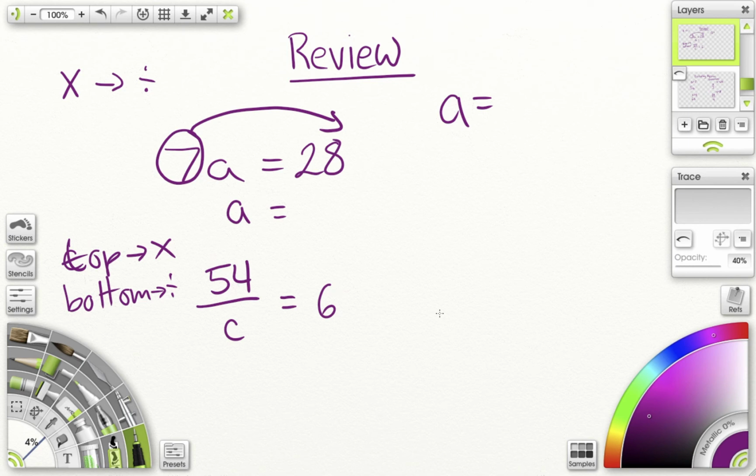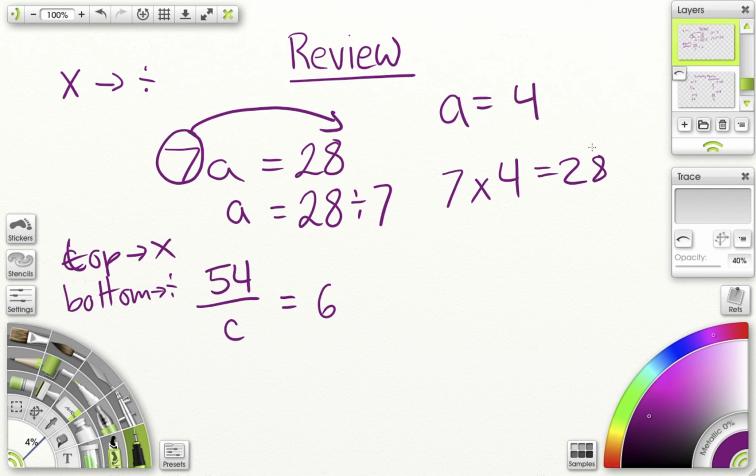We do the opposite, so I do 28 divided by 7, and that will give me whatever A is equal to. So 28 divided by 7 is 4. So I know A is equal to 4. How do I check to see if I'm correct? I do 7 times 4 equals 28. Is this true? Yes, it is. So I know I'm correct.